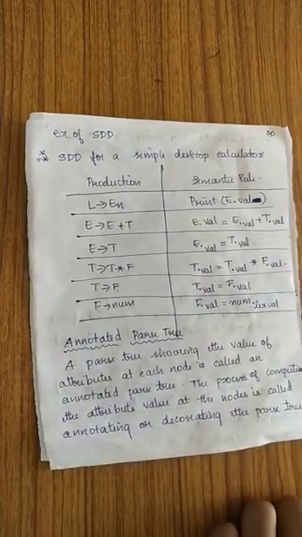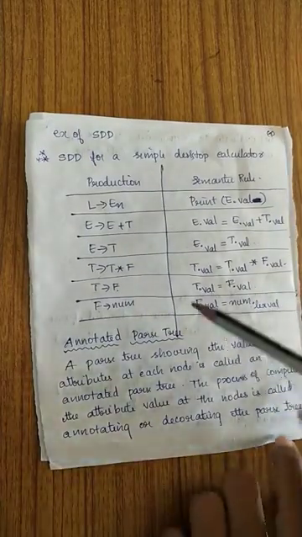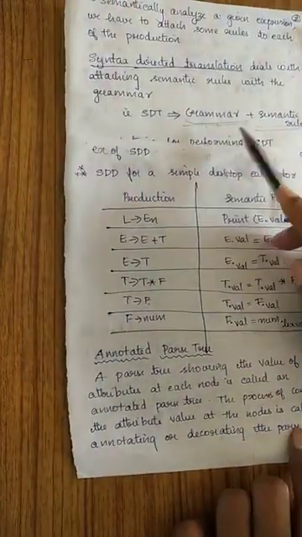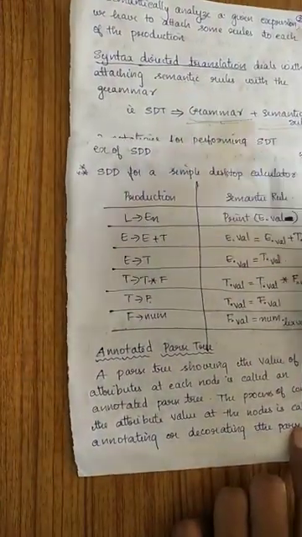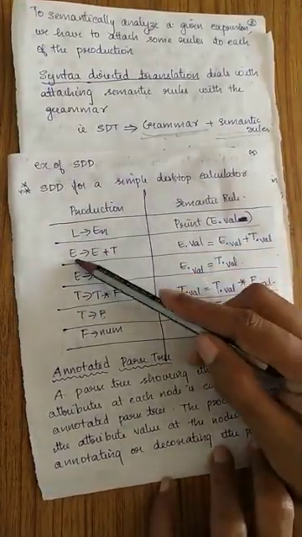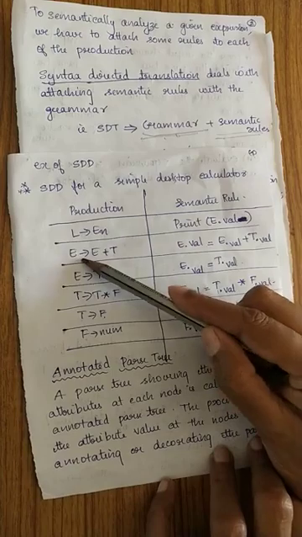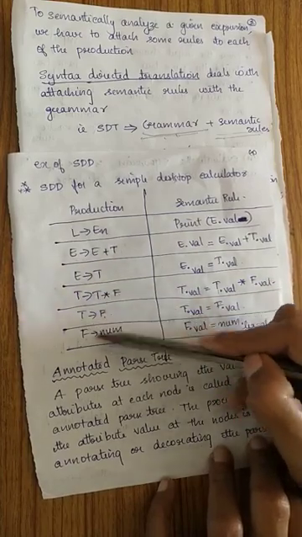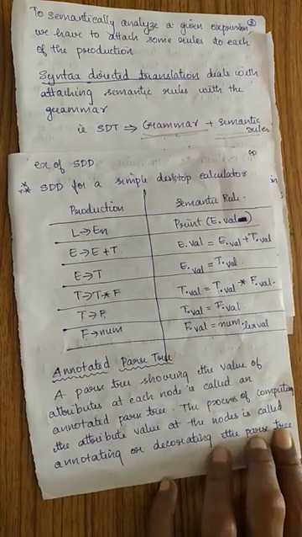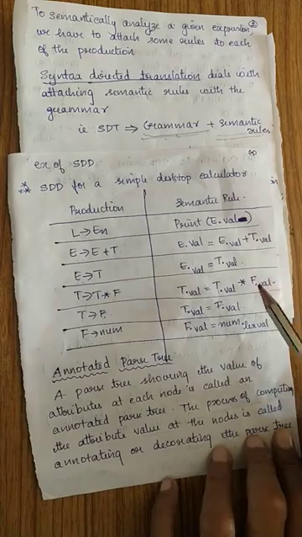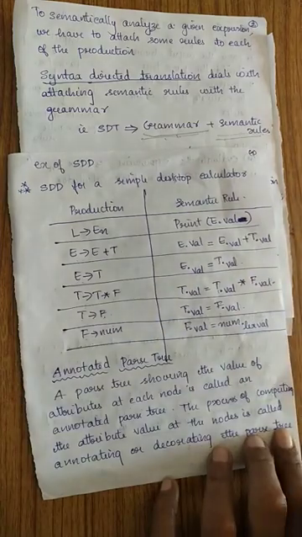So this is an example of a syntax directed translation. This is the grammar. As I have already said, attached with each production there will be a set of semantic rules. You are familiar with this grammar: E derives E plus T, E derives T, T derives T star F, T derives F, F derives number. These are the productions we are familiar with, and to these productions I have attached some semantic rules.